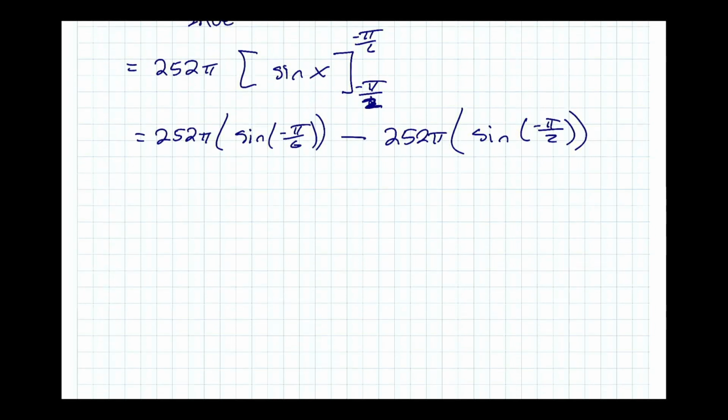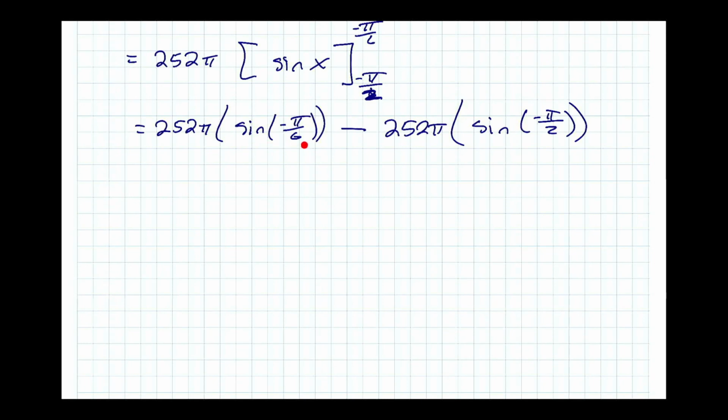So you work this out. Sine of negative pi over 6 is negative 1/2. Minus 252 pi times sine of negative pi over 2. Sine of negative pi over 2 is negative 1.